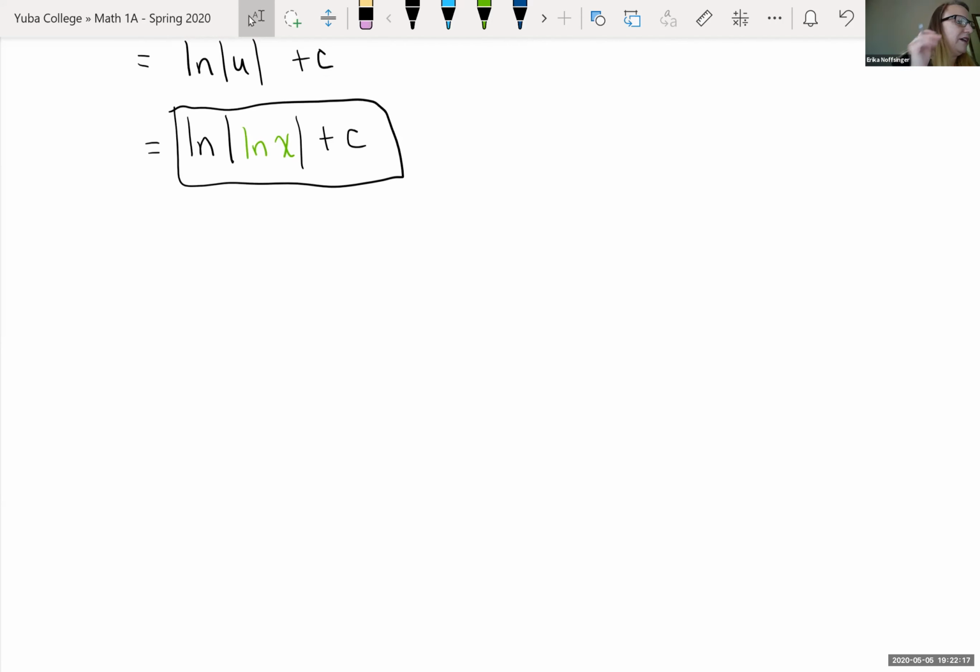Let's look at an initial value problem. Remember when we were looking at the integrals and we were given values so we could figure out what C is? This is similar to that.